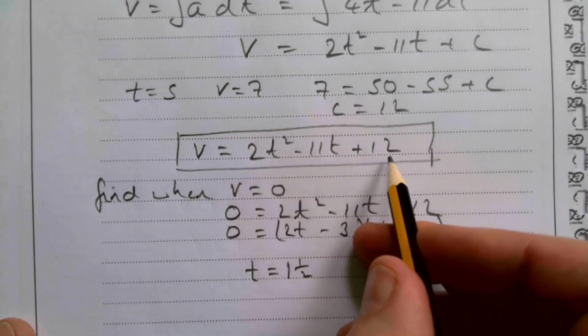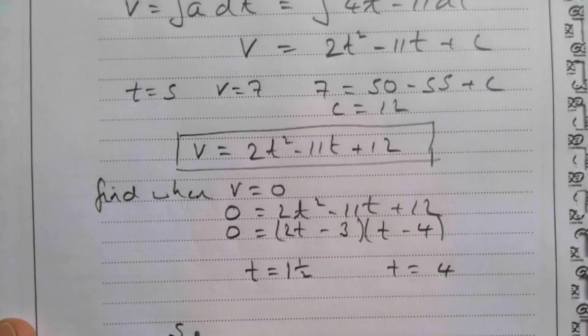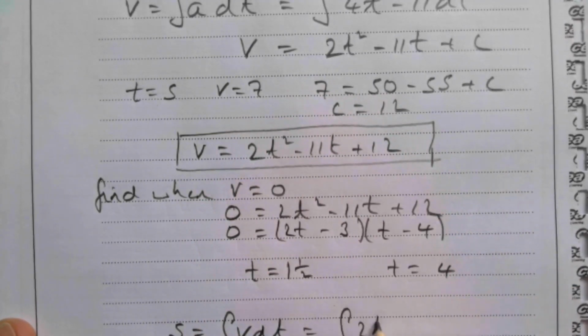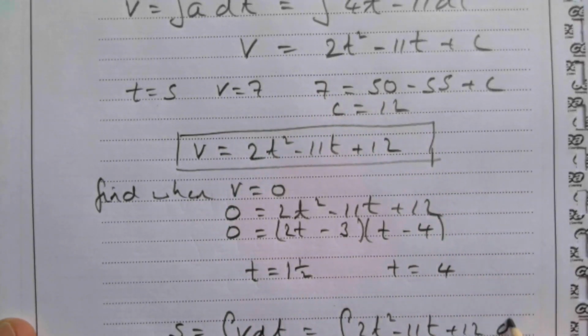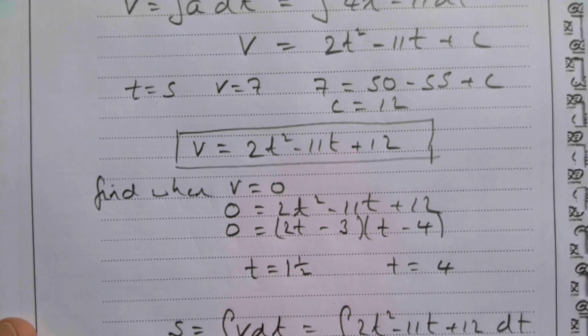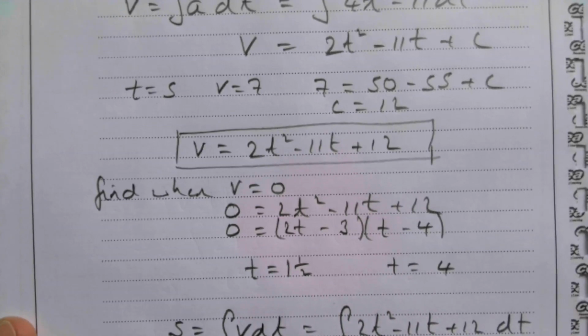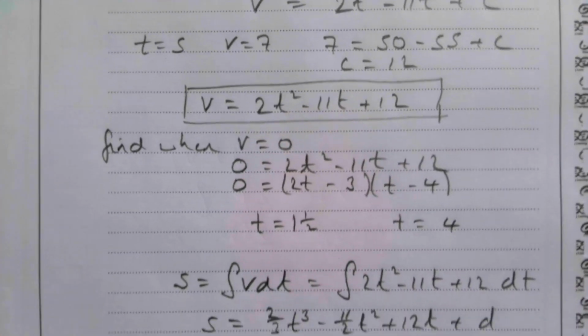So we have that to take forward. We obviously now need to work out our s formula. So s is the integral of v dt. So it's the integral of 2t squared minus 11t plus 12 dt. And s then, add 1 to the power and divide by the new power, so it's 2/3 t cubed minus 11 over 2 t squared plus 12t plus c.